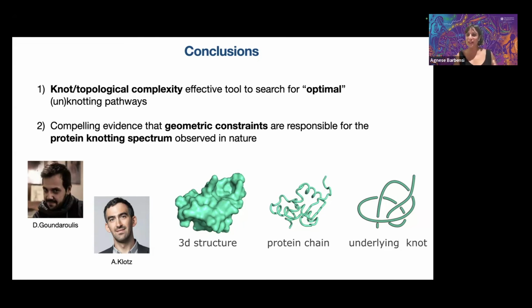Now, obviously, the kind of knot spectrum we are finding is far away from what we find in nature. There's still this high prevalence of alternating torus knots. And this has to do with a very simple mathematical formalism that can definitely be improved.